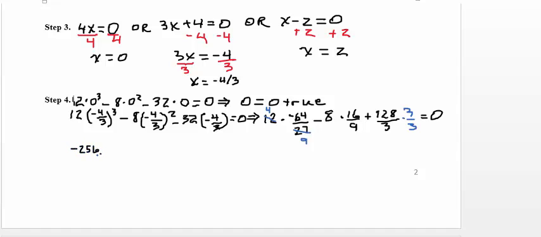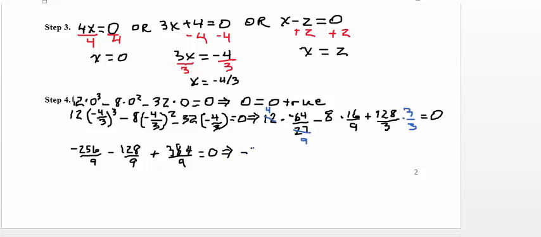Alright, so negative 256 over 9 minus 128 over 9 plus 384 over 9 equals 0.